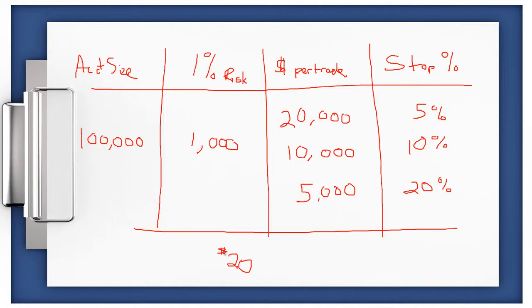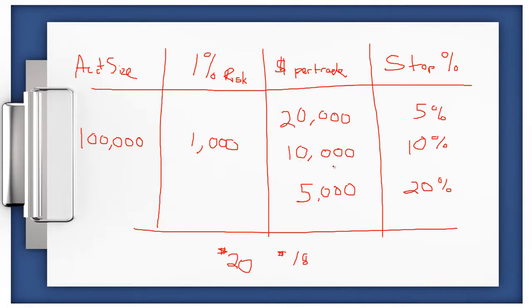So our VectorVest recommended stop price is, let's just say, 18. Since this stop price is 10% below the stock's price, just come up to your table up here. So 10% tells you that you can only invest $10,000 in that trade.